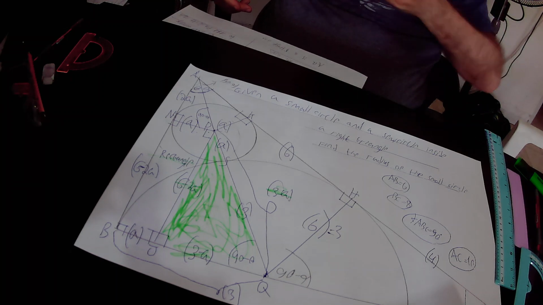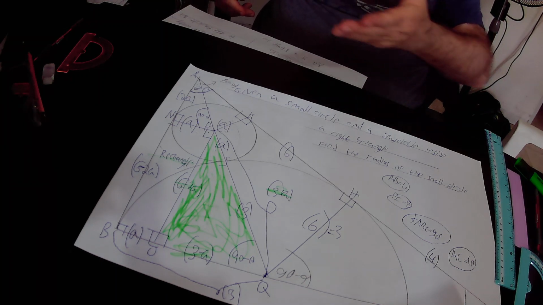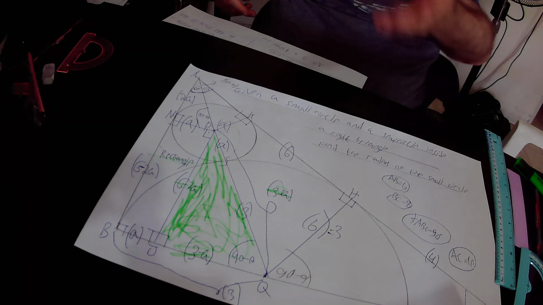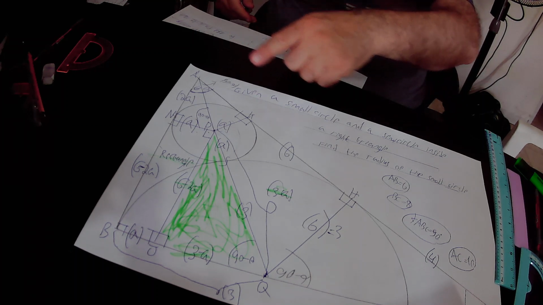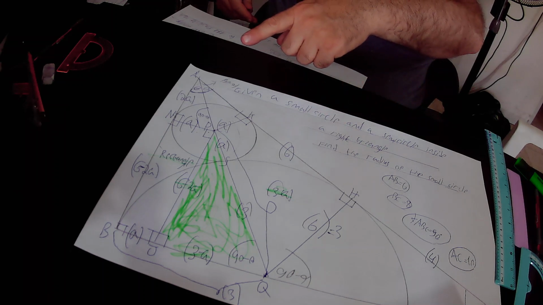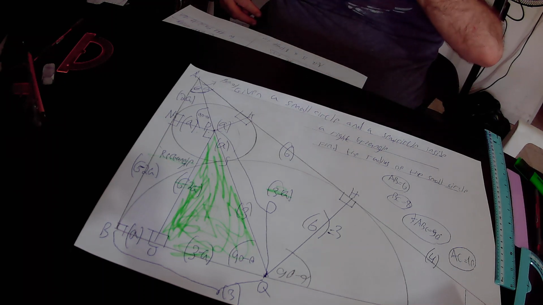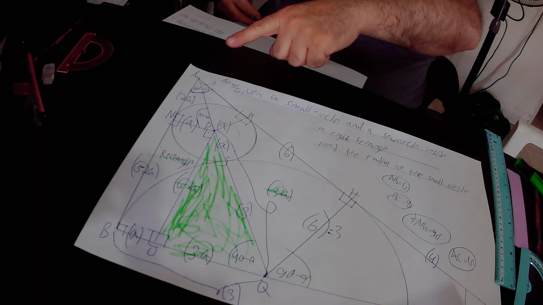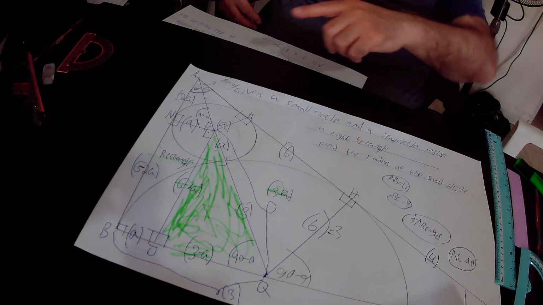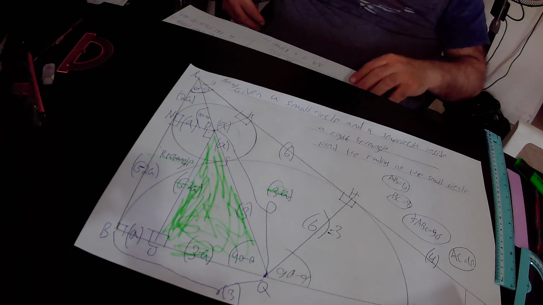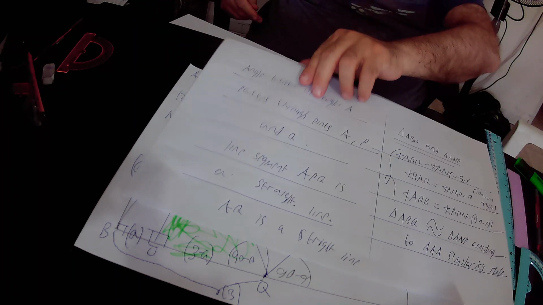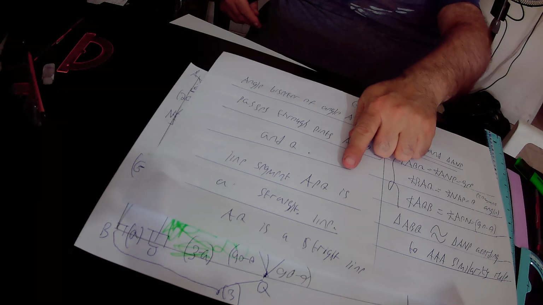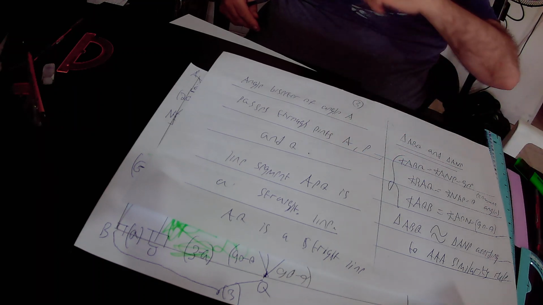So, the angle bisector of any angle is absolutely a straight line, and therefore A, P, Q are located on the same straight line, or line segment AQ is one straight line. Line segment APQ is one straight line.